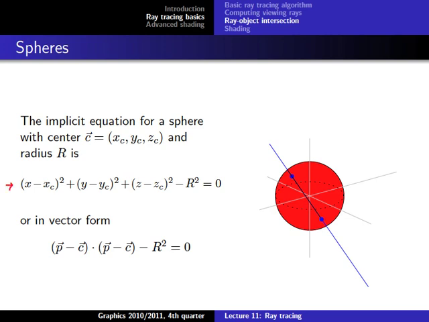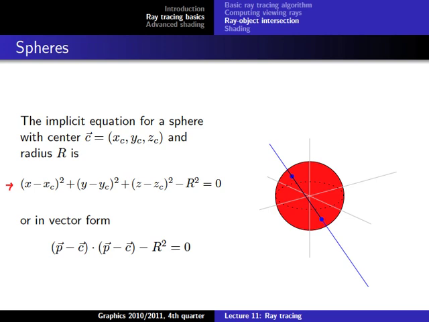And you probably remember that we showed that based first on a 2D case, where we used the Pythagoras to describe this equation, and then we generalized it to the 3D case, and then we also generalized it from the origin being at the center of the coordinate system to a random point, which is why we have to subtract here this c vector. Or here in vector form, it's actually easier to see.